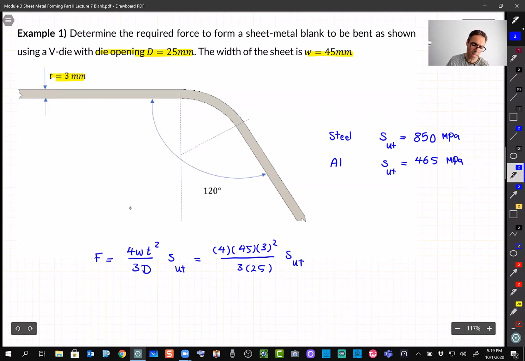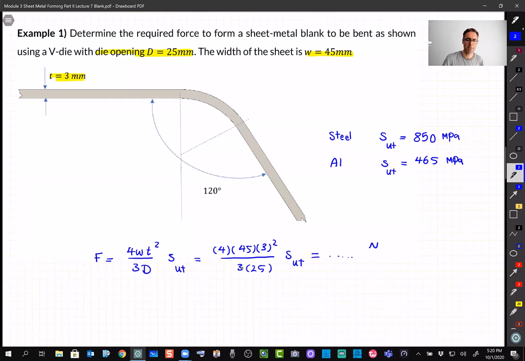So as you can see, the higher the SUT, and it is obvious, the more force you need to bend it, all right? So it's a very simple example to give you an idea of the range of force that you need to bend a plate of relatively small thickness, 3 millimeters, with a die opening of 25 millimeters. Okay, so very simple. Do you guys have any questions so far for this example?